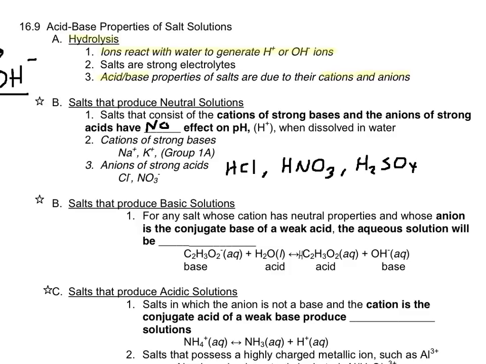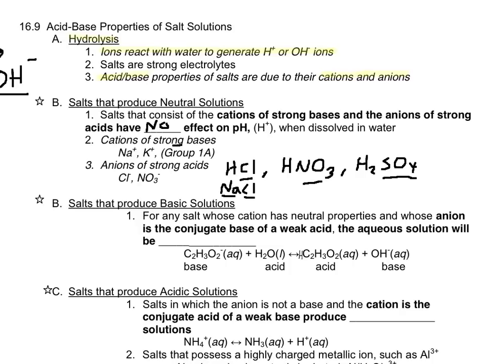The anions that result from this, Cl⁻, NO3⁻, SO4²⁻, or HSO4⁻, are going to produce solutions that have no appreciable pH. So that means if I have a solution of, let's say, NaCl, it's not really going to do much to the pH because its anion comes from a strong acid and its cation comes from a strong base.